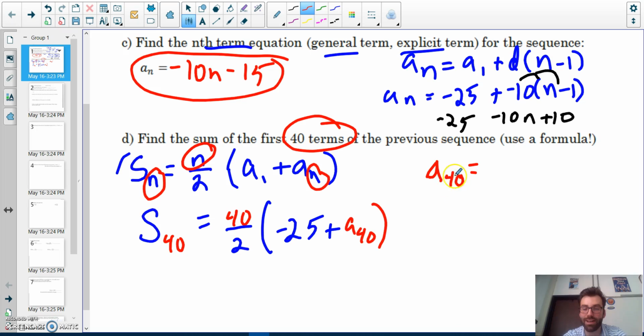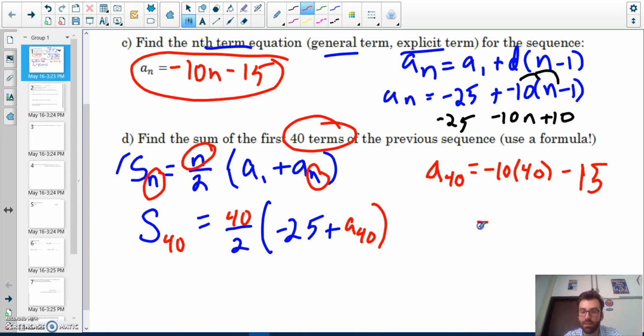Okay, so I find the 40th term. Negative 10 times 40 minus 15. It's already aggravating. So, negative 10 times 40 is negative 400.